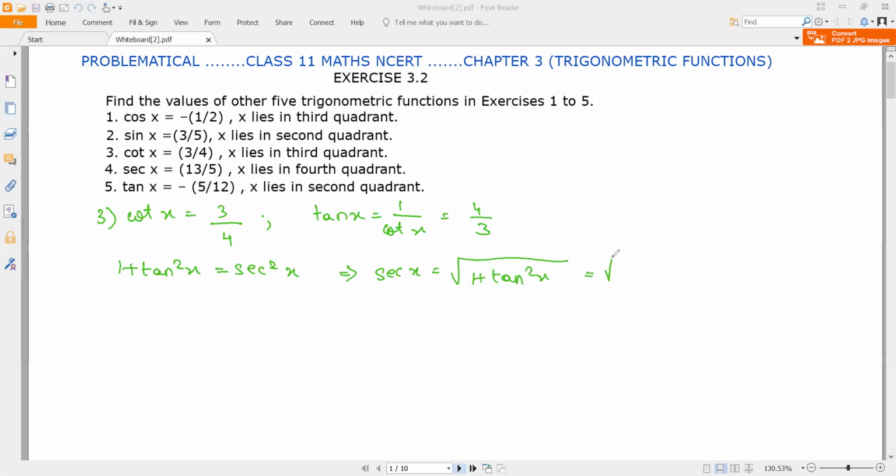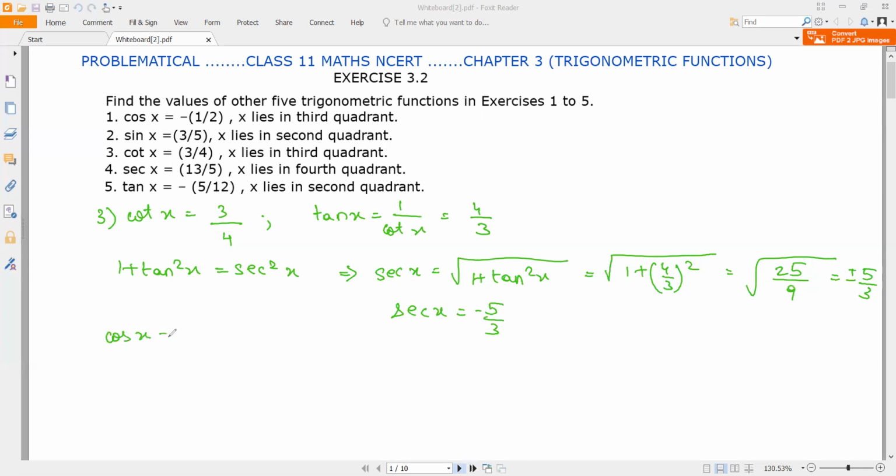This is equal to root of 1 plus 4 upon 3 whole square, which means root of 3 square 9, 9 plus 16 is 25 upon 9. Taking square root, you should get plus minus 5 upon 3. Now sec x in the third quadrant is negative. So sec x value will be equal to minus 5 upon 3.